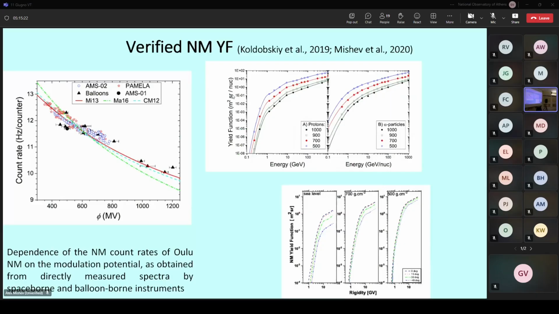In addition, we provide a parameterization of these curves. And the last improvement is in the frame of this project and this deliverable.